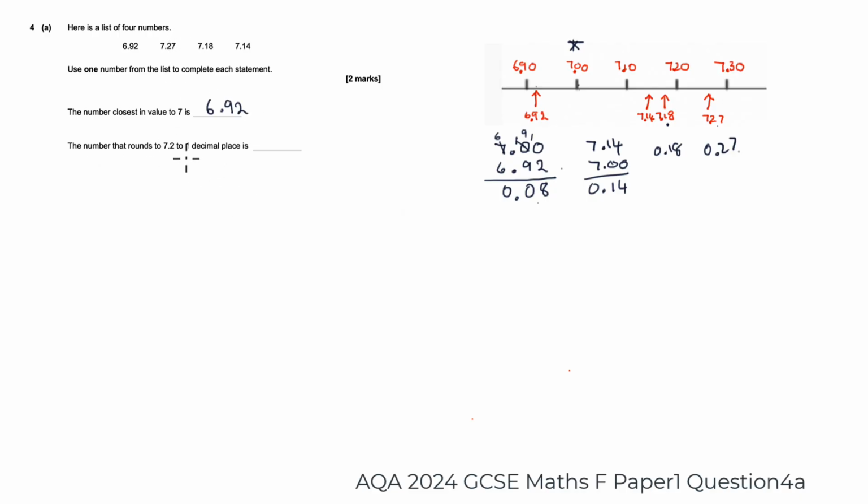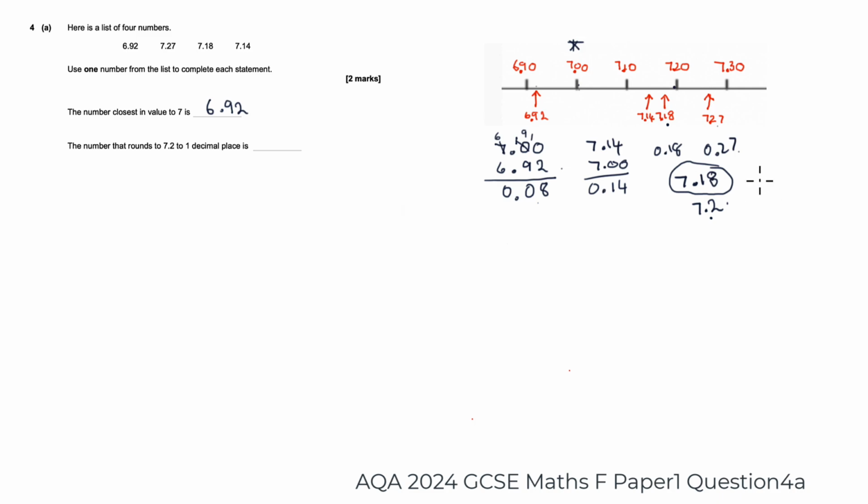And then finally, the number that rounds to 7.2 to 1 decimal place. It's likely that it's 7.18. And let's round that. So the 8 is more than 5, so that 1 rounds up to a 2. So certainly 7.18 does round to 7.2.